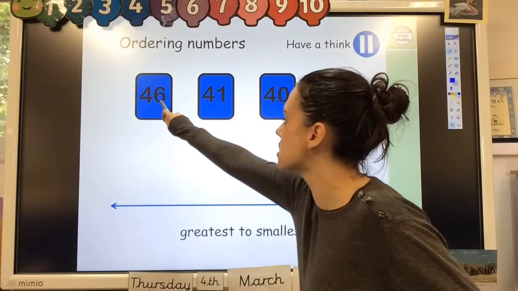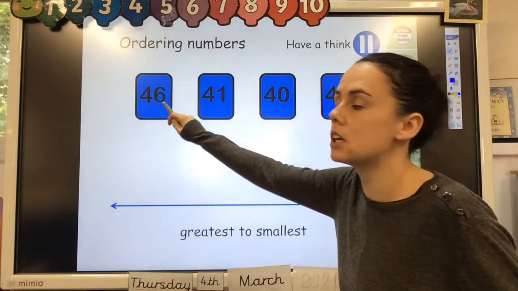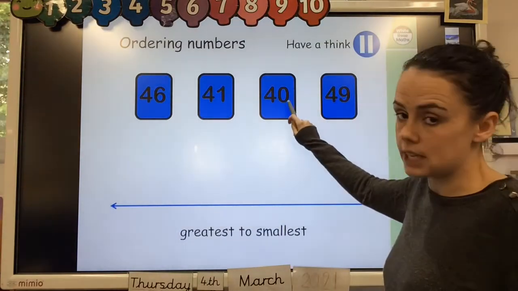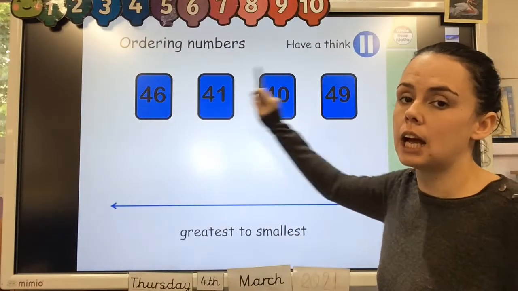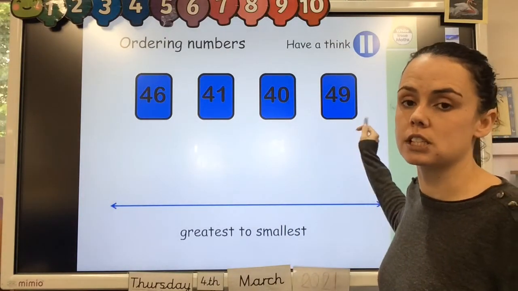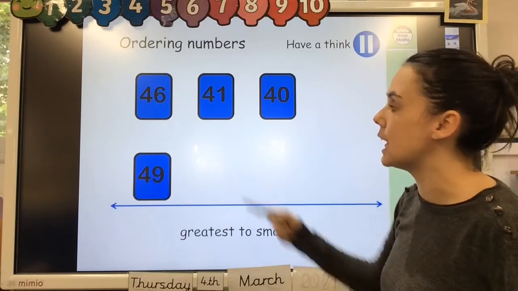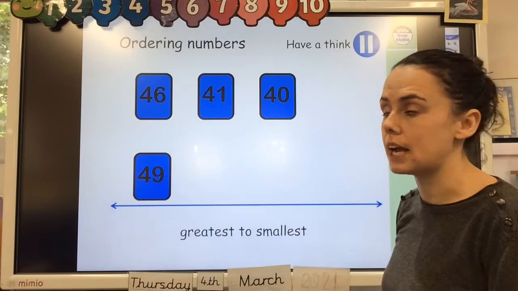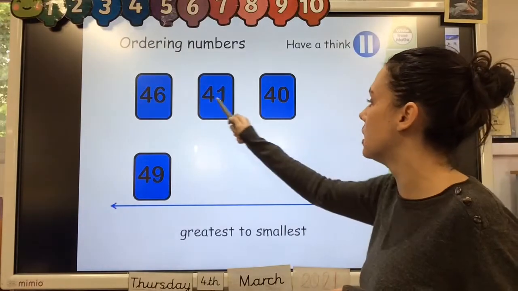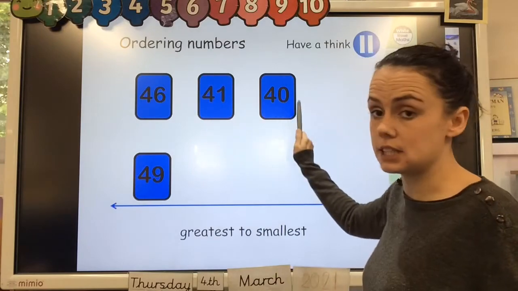This has 6, this has 1. What's bigger, 6 or 1? 6. 6 or 0? 6. And 6 or 9? 9 is big, isn't it? So 49 is our biggest number here. Now we've got to work out which one comes next. So which one is our biggest again? We all decided that 6 is bigger than 1 and 6 is also bigger than 0.